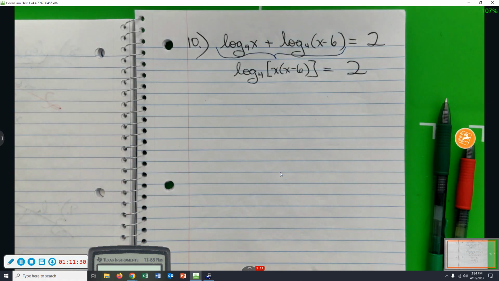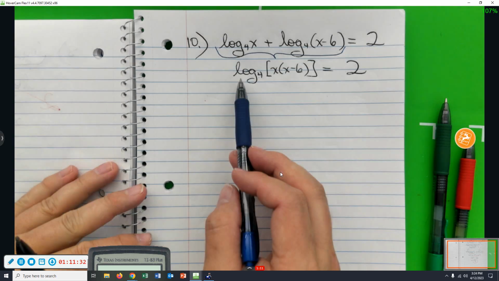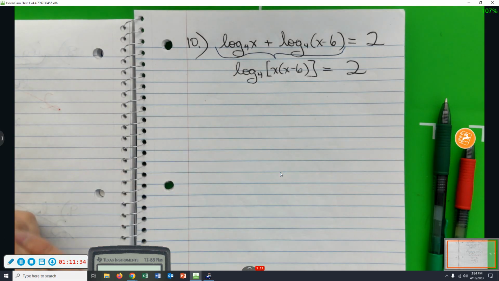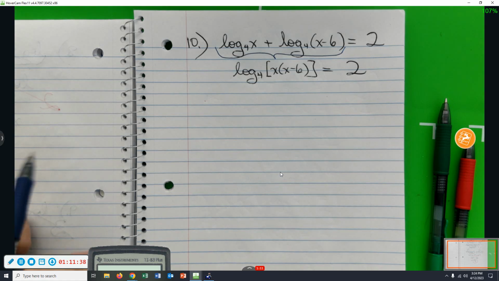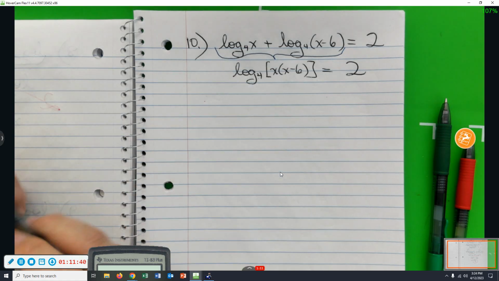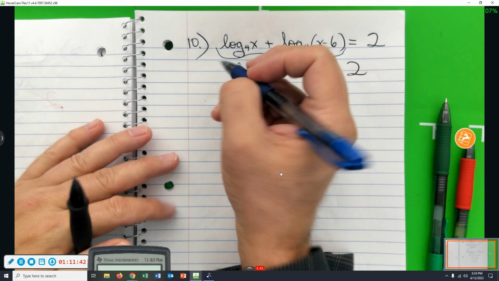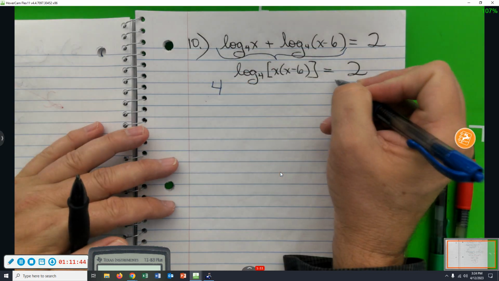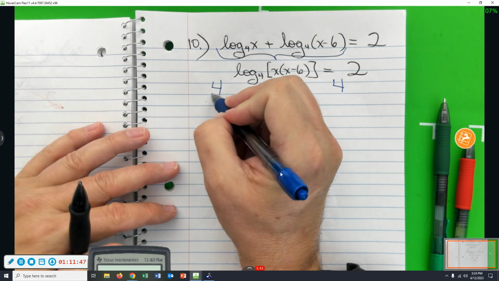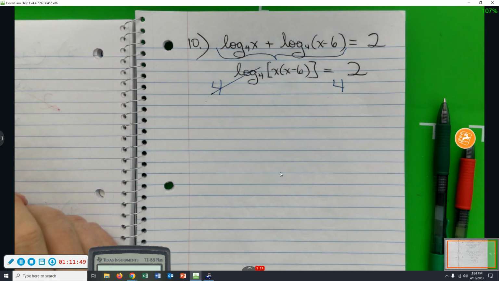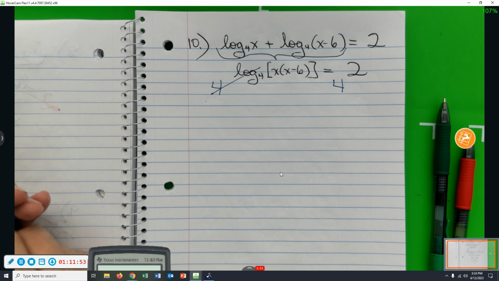Okay, well, let's get rid of that log base 4. We're turning all of that into exponents. What are we going to do to cancel out that log base 4? You're going to put a 4. So we're using the exponential base 4: 4 to the log base 4. Inverse functions performed consecutively cancel each other out.